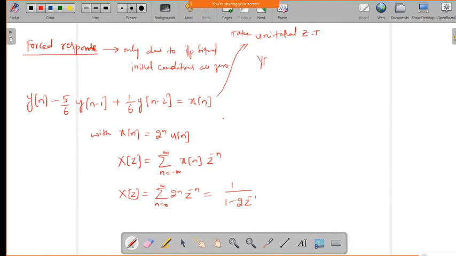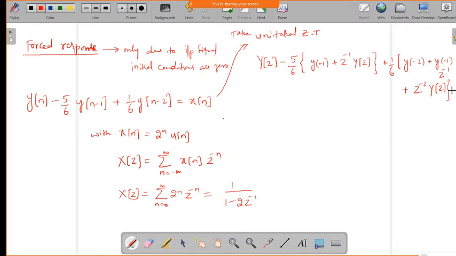You get y of z minus 5 by 6 into y of minus 1 plus z inverse into y of z, plus 1 by 6 into y of minus 2 plus y of minus 1 into z inverse plus z power minus 2 into y of z, which is equal to x of z.